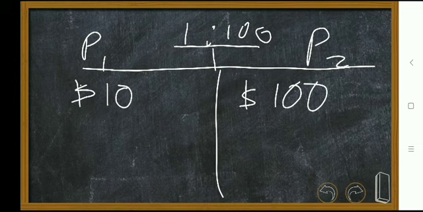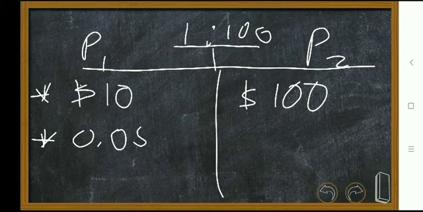So their lot size will still be limited due to their account size. You might find that this person will be able to open a trade with a maximum volume of, let's say, 0.05.